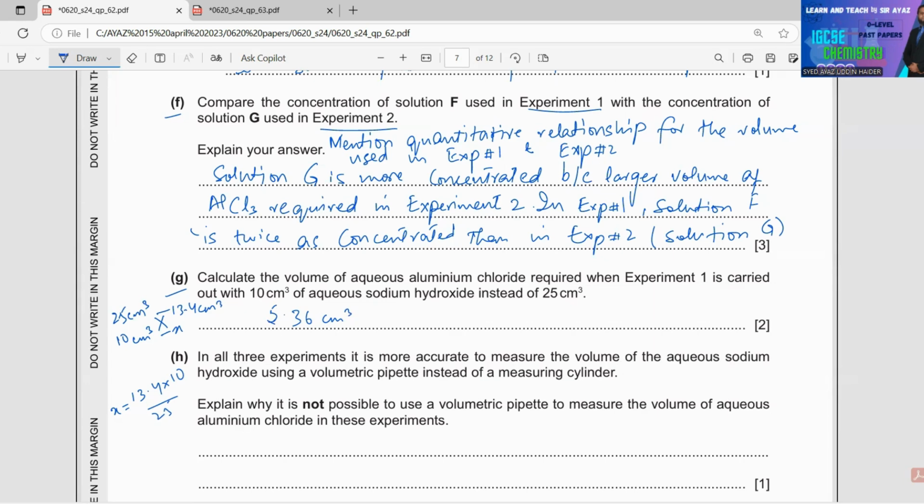This will be the volume required if it's carried out with 10 centimeter cube of aqueous sodium hydroxide instead of 25 centimeter cube.